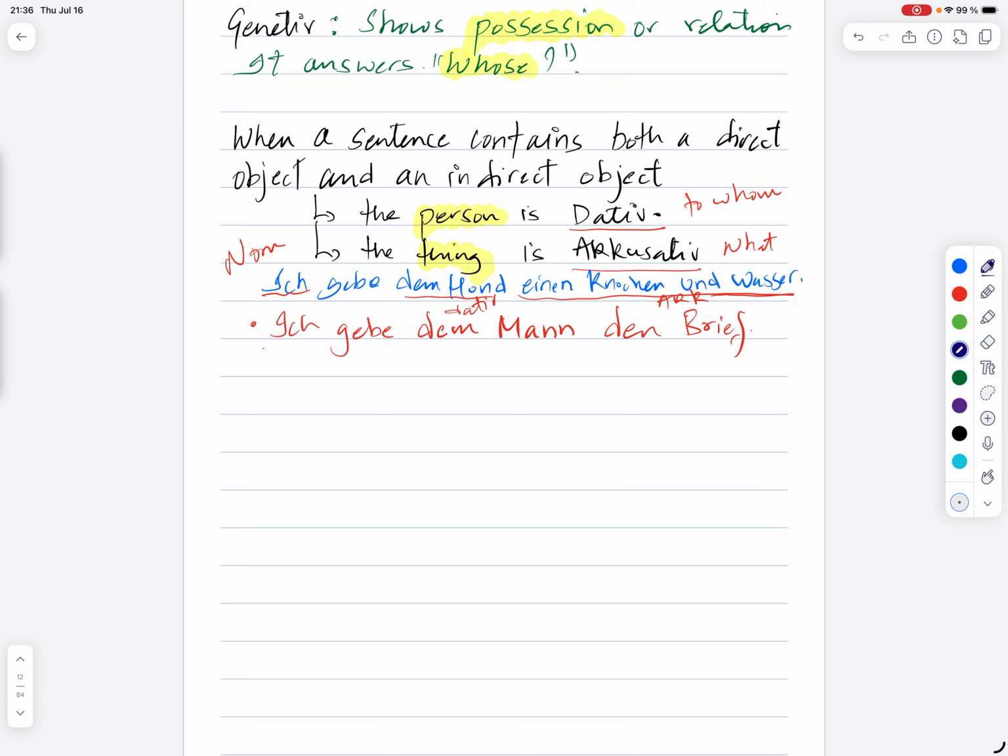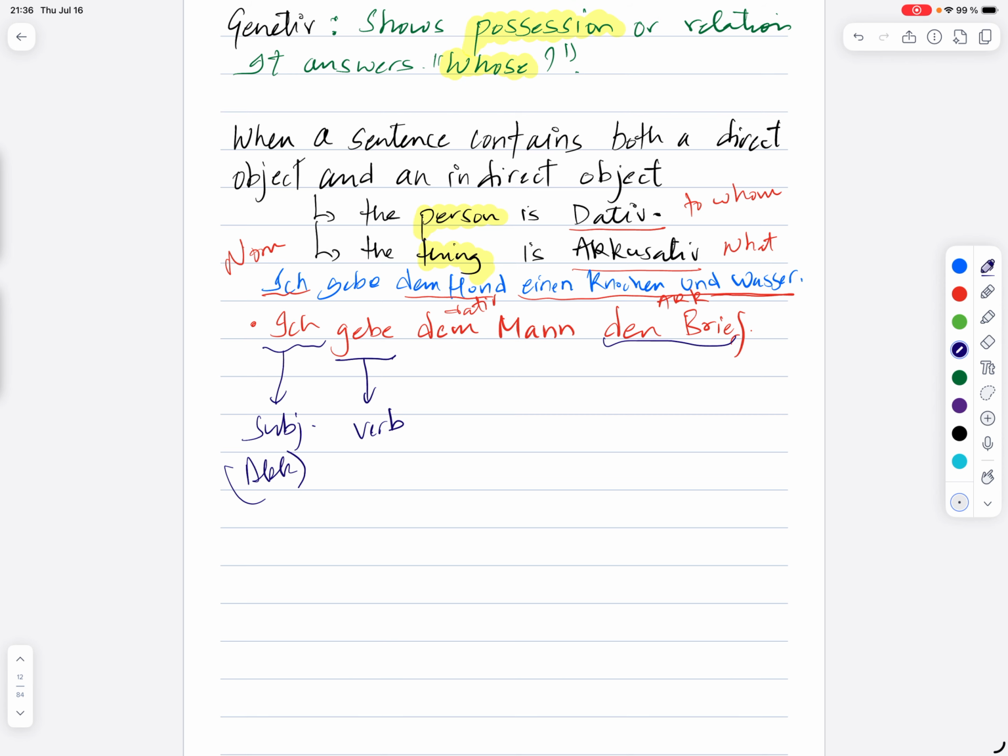So ich, we have the subject, because it is the doer. I am doing something. What I am doing, I'm giving. So that's our verb, and the subject is in nominative. And now I have two objects: the man, dem Mann, then Brief, the letter. So I am giving the man a letter, right?